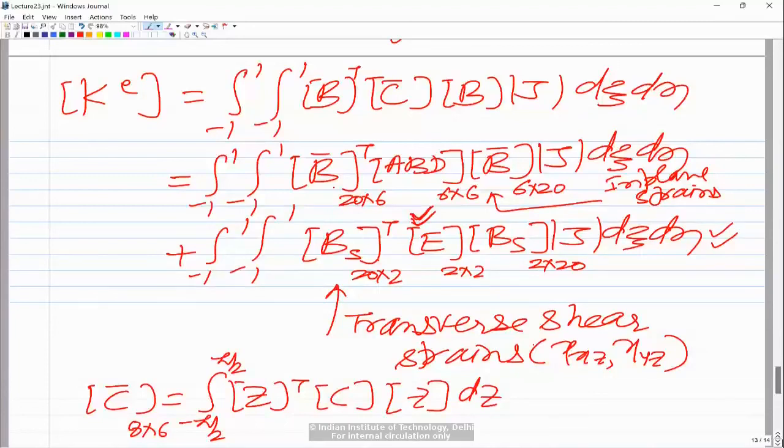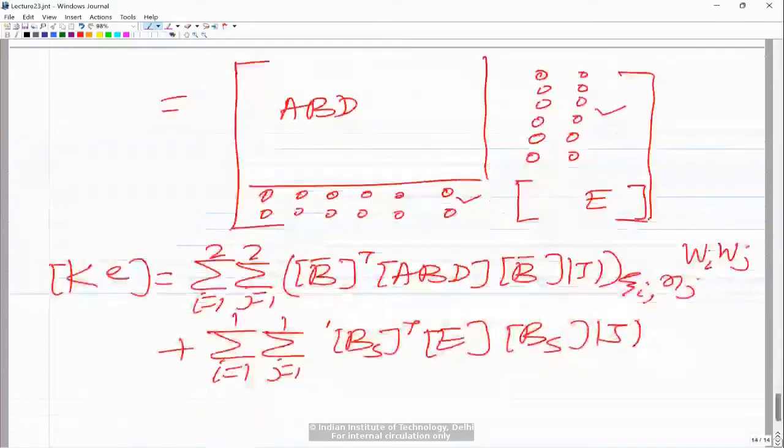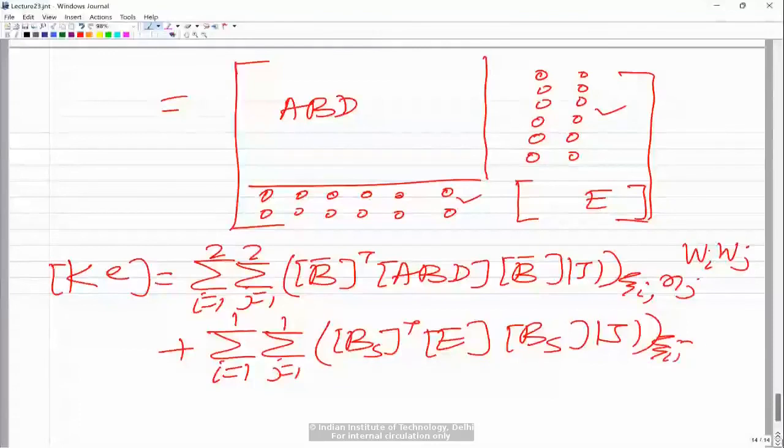So in this case, for the full integration you require 2 by 2 integration. So we use basically i equal to 1 and j equal to 1, BS transpose into E into BS into determinant of J, and this whole thing evaluated at xi i, eta j, wi wj. So this one is basically reduced integration.